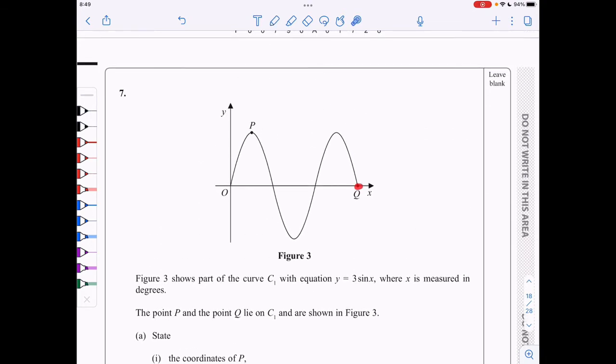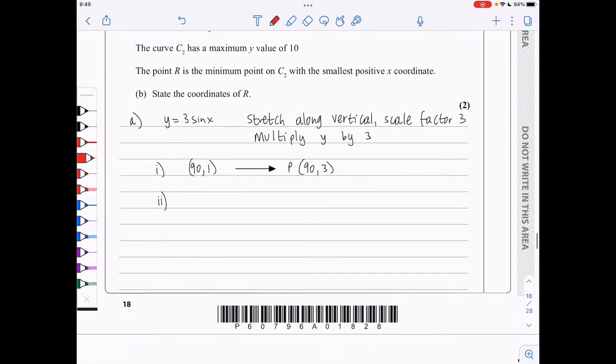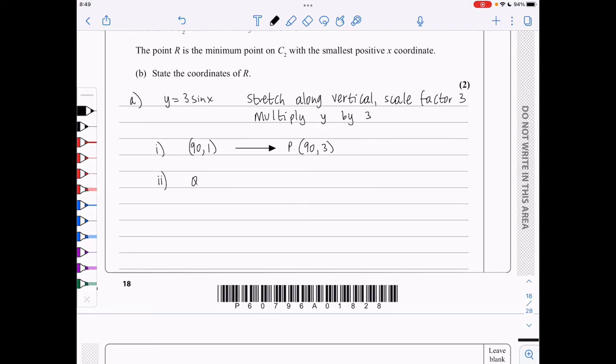We know that sine x hits the x-axis every 180 degrees. So this is 180, 360, 540. The y coordinate was 0, so it's not affected by this transformation. So Q has coordinates 540, 0.